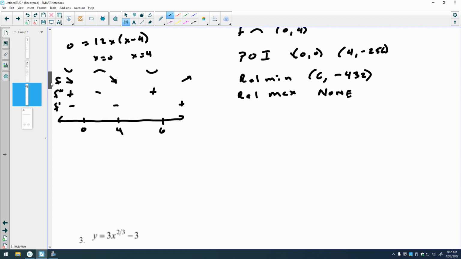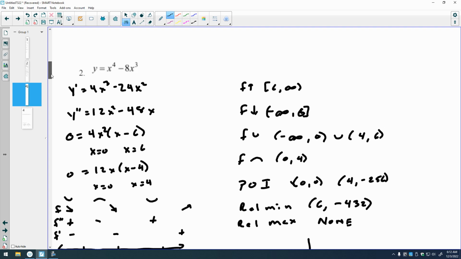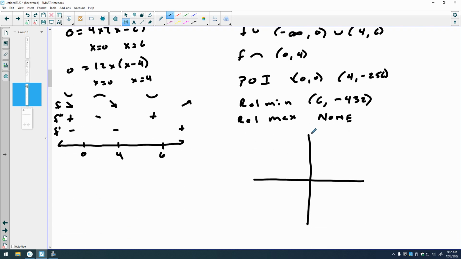Let's sketch a graph. So again, we know what this thing kind of looks like. It's a 4th degree polynomial, so it's going to have the same end behavior on the left and the right. It's going to come from up here and end up there. We have a point of inflection at 0, 0, so it's going to switch concavity.